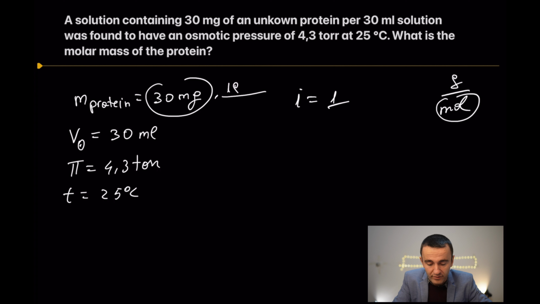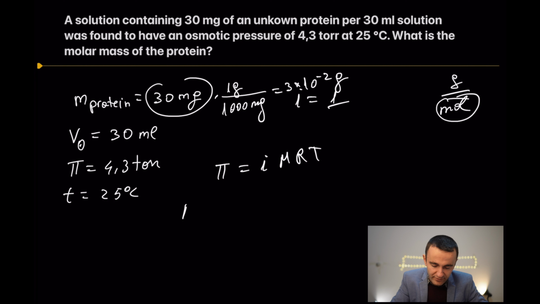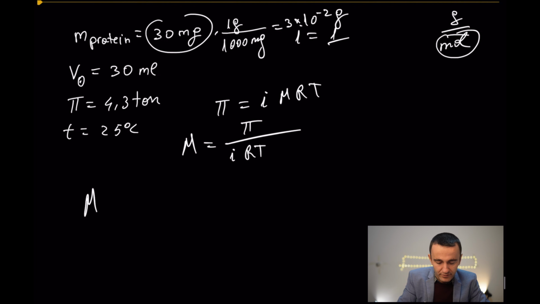It's going to be 1 gram over 1000 milligram. 3 times 10 to minus 2 gram. We need to find number of moles, but before finding number of moles, we need to find the molarity of the solution. So from this formula, we can find the molarity, that is P. So the molarity of the solution is going to be equal to what? P, or osmotic pressure, has to be converted into atmosphere.